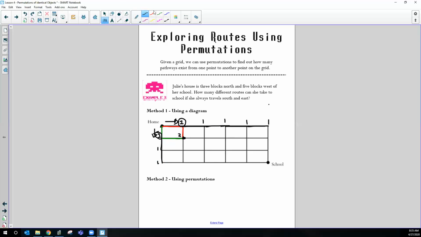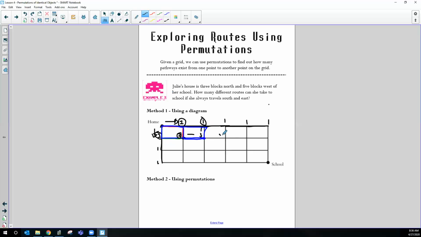But now, if we continue with that principle, there would be one way of going to there, right? There would be another way of getting to this point, and then another way of getting to this point. So I just drew 3 blue lines. But if I just add this number and the corner number, it will always give me the next corner.